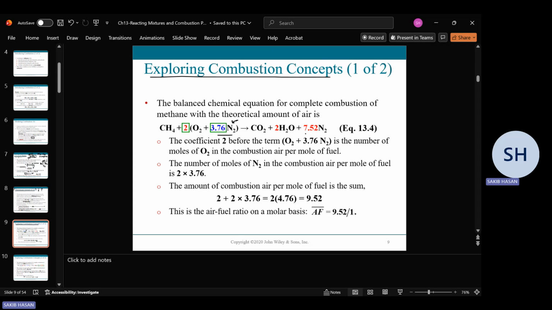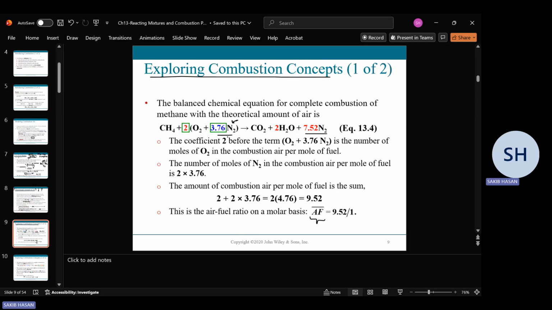On both sides, it should be the same amount, right? And you can see that the nitrogen has been left unreacted. It's N2 and N2 here. However, we still include it because it is important for us to calculate the air-fuel ratio.